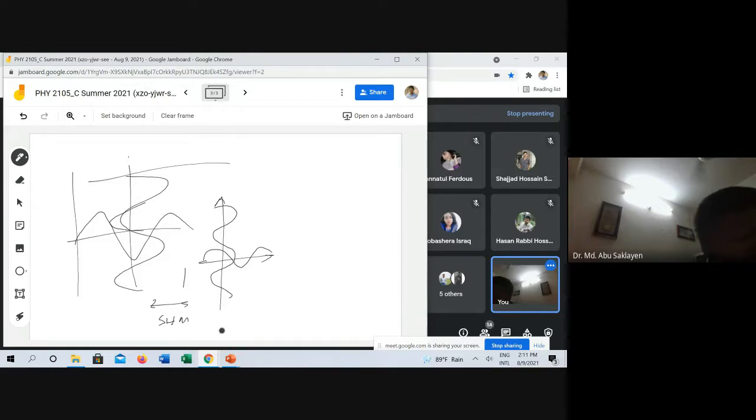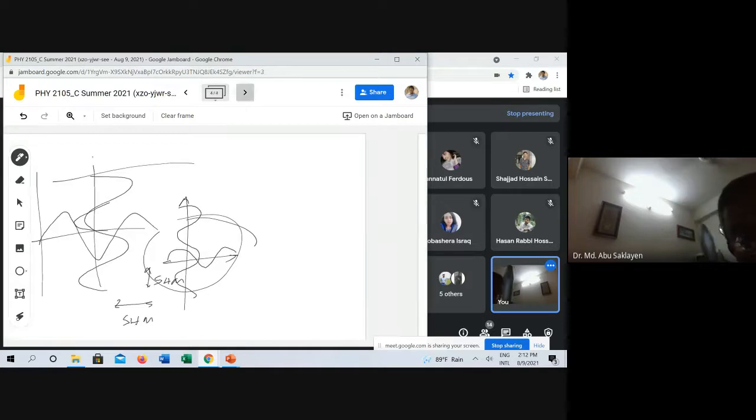It's also SHM. But if they act together, what will be the resultant motion of the particle? What will be the resultant vibration of the particle? So here x-axis and y-axis, they are at right angle.